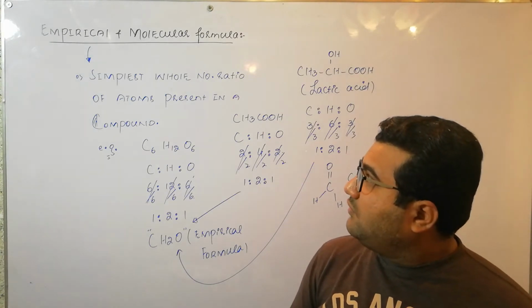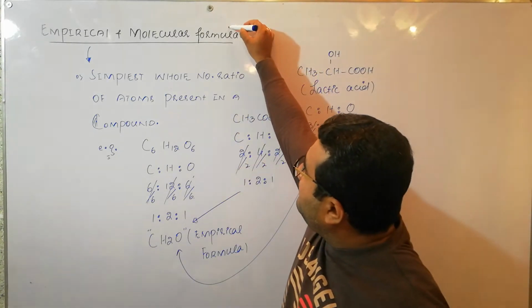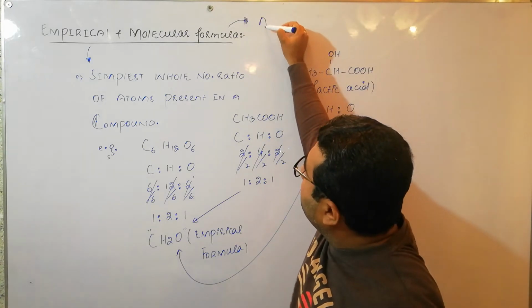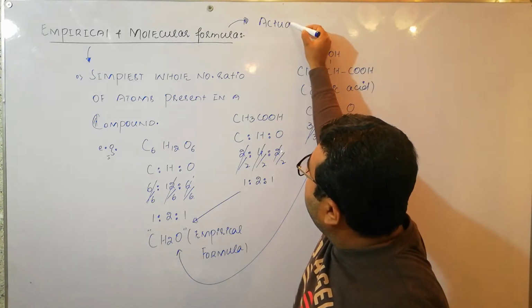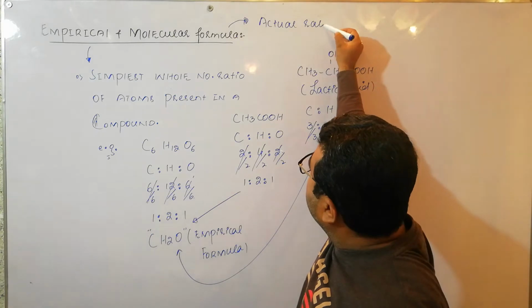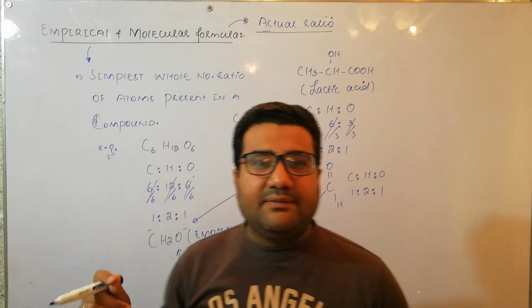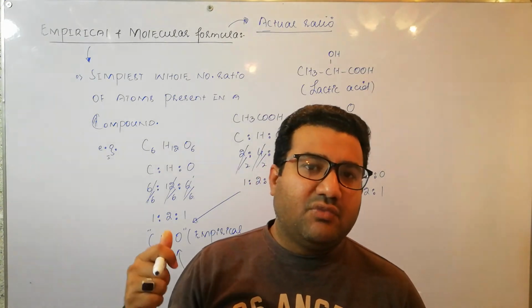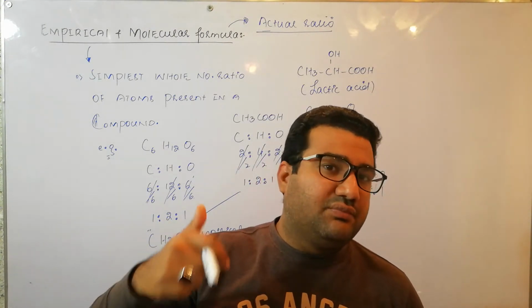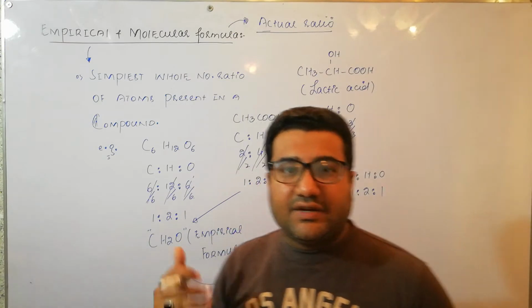Now, what is molecular formula? Molecular formula is the formula which shows actual ratio. Empirical formula shows simplest ratio between the atoms, but the molecular formula shows actual composition of a compound. It shows the actual ratio.